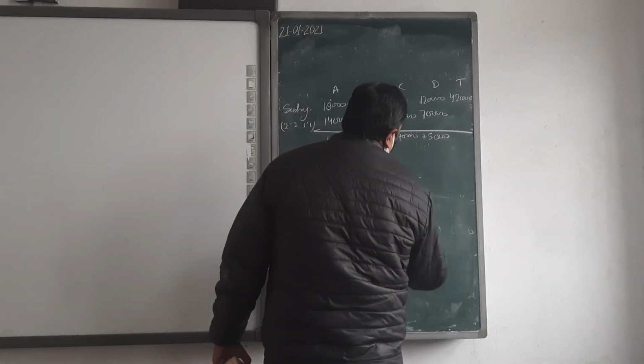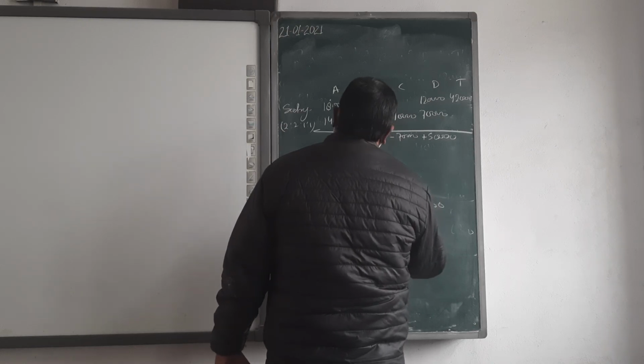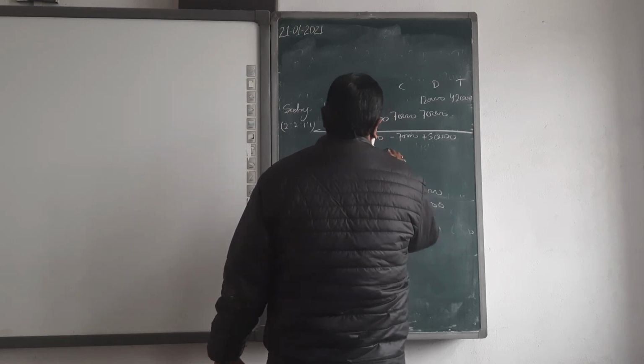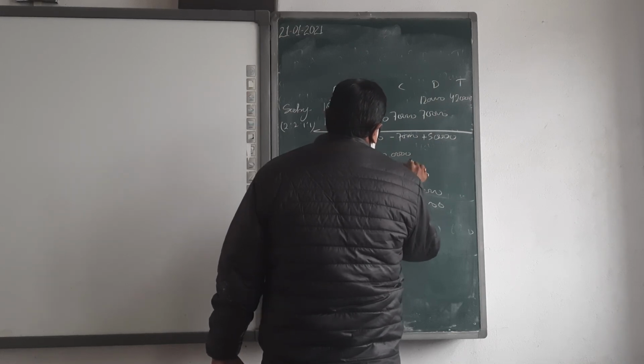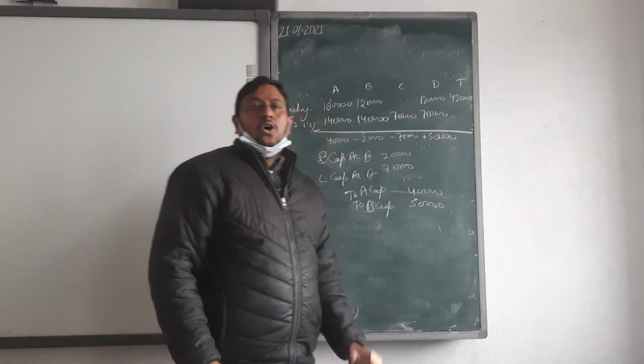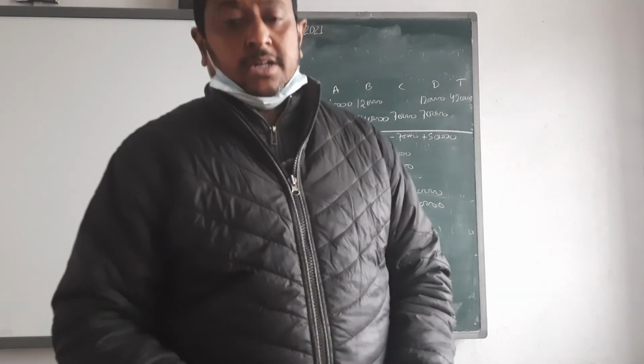Okay, it's 50,000 and 40,000, 20,000. Clear? How to do the question is clear or not? Yes, sir. Clear, beta? Yes, sir. Okay. Now start to solve the question.